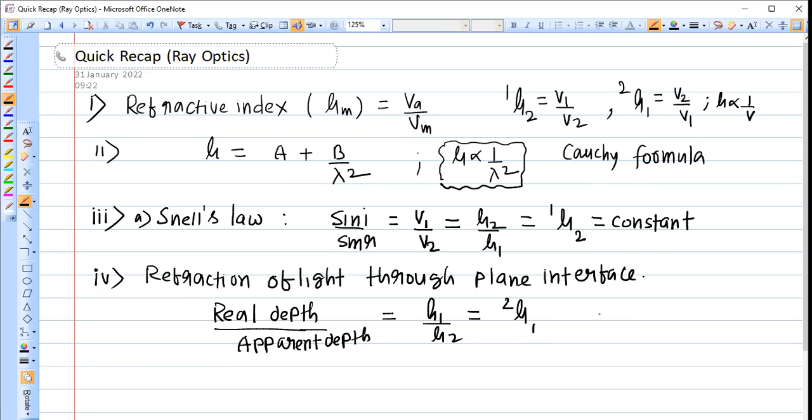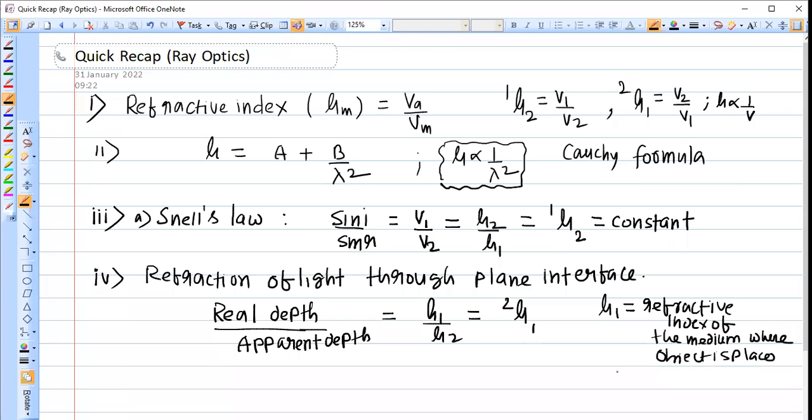What is mu1? You must remember these points. Mu1 is the refractive index of the medium where the object is placed.